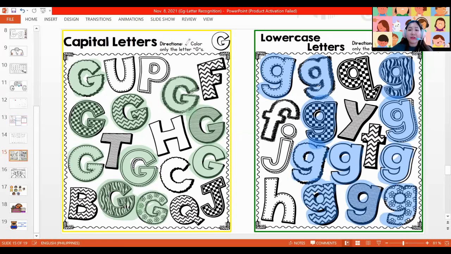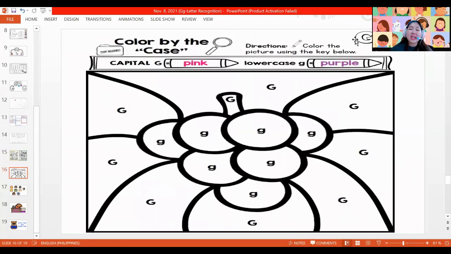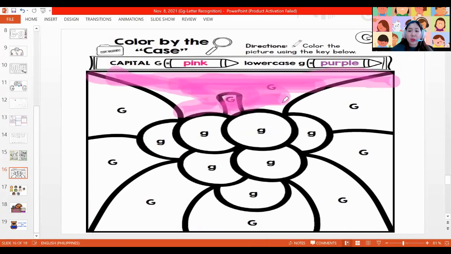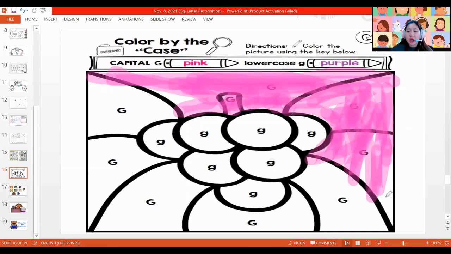We can now have the last worksheet, which is looking for the missing picture. So here it says capital letter G should be color pink. So all the capital letter G should be pink. So maybe you can use your dabber for this one, so your hands will not get tired. Just make sure not to make your paper very wet so that it will not rip.